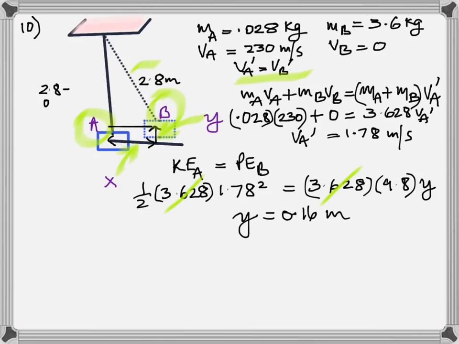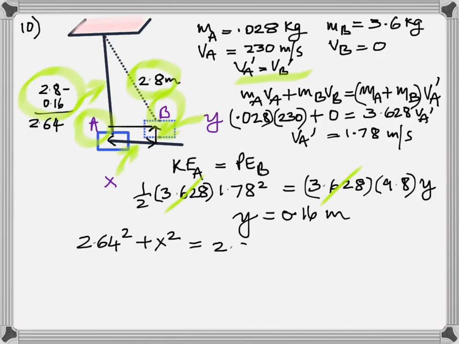And that gives you the vertical displacement Y. And then the length of the pendulum minus the vertical displacement gives you that length, actually this length, as 2.64, and we know that this is 2.8.